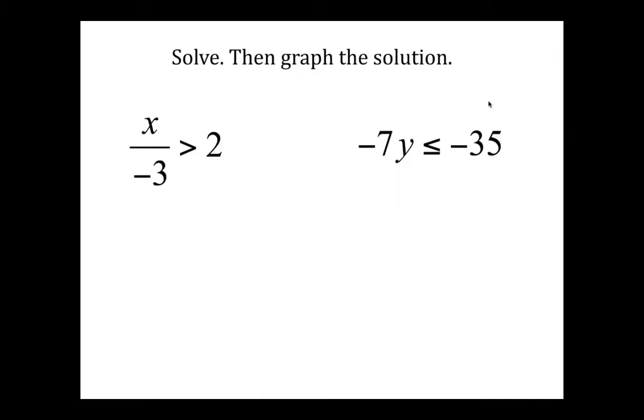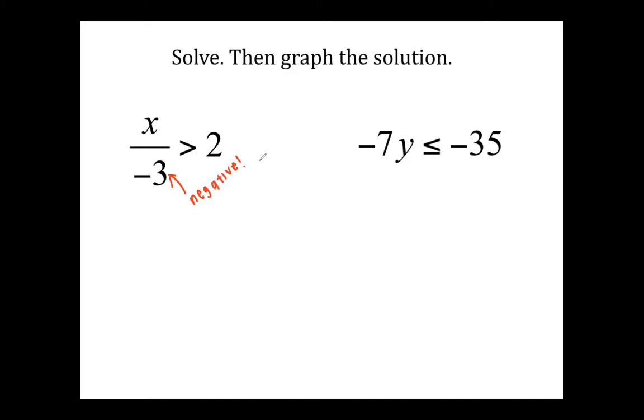Here are 2 more examples that we're going to solve and then graph. Our first one is x over -3 is greater than 2. Notice here that we're actually dividing x by a negative number. If you recall in the first slide, the multiplication and division properties that we were learning only applied to when you multiplied or divided by a positive number.